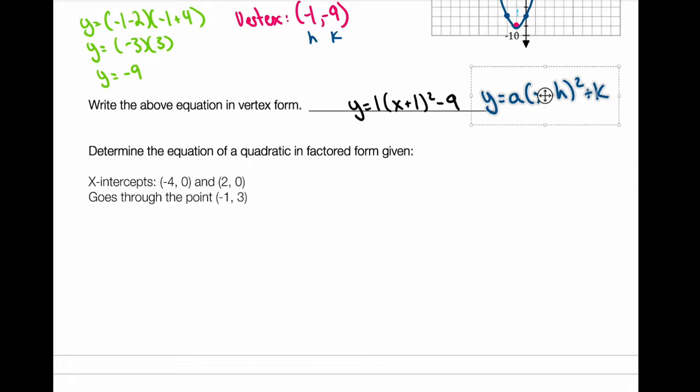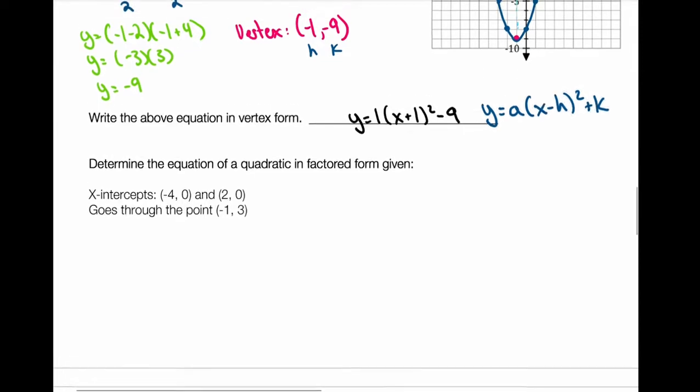The last thing we want to do is determine the equation of a quadratic in factored form given the x-intercepts and going through a specific point. So remember, the x-intercepts tell us our r and our s value.